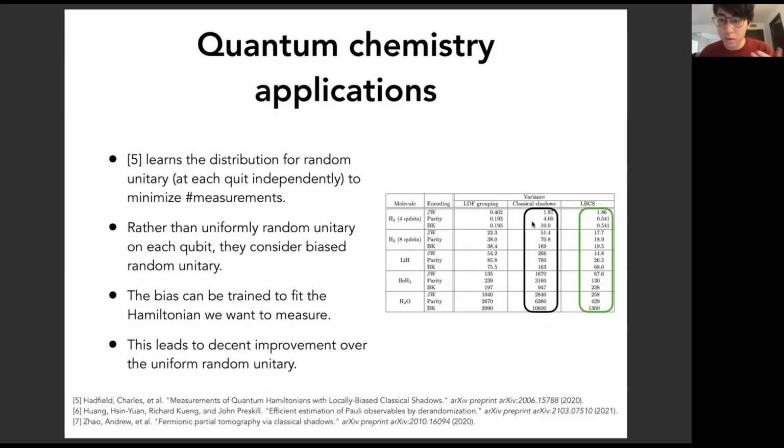The classical shadow is our original approach. This LBCS is locally biased classical shadow. That is their proposed approach. You see that by just biasing this distribution, you can utilize structures in the original molecular Hamiltonian, and you can get a speedup like a 30 times reduction in the number of measurements that's required, which is very decent.